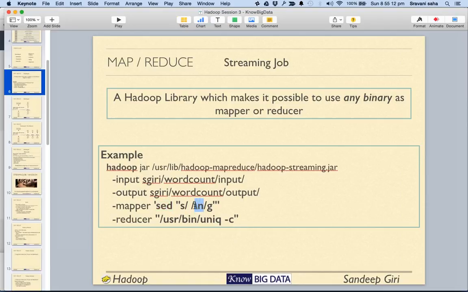Okay, and the reducer says user bin unique and C. So SED replaces anything with something else, and unique basically counts the unique numbers and how many times they have occurred in sorted data.